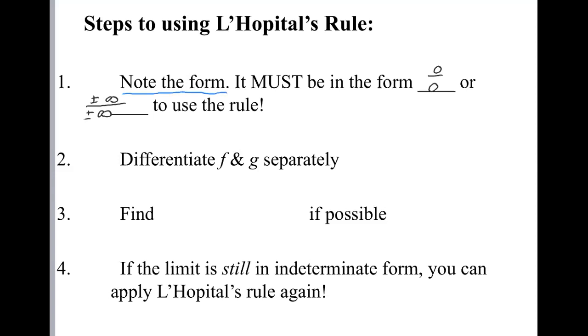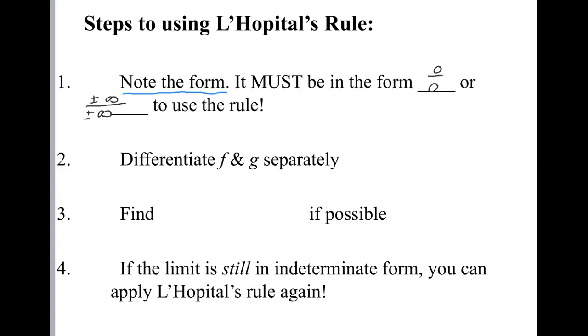So I have to note that the form is in one of those indeterminate forms first and foremost. If I have determined that, then I can move on and say, well, okay, the limit as x approaches a of f of x over g of x can be determined by figuring out what are the derivatives of f and g.